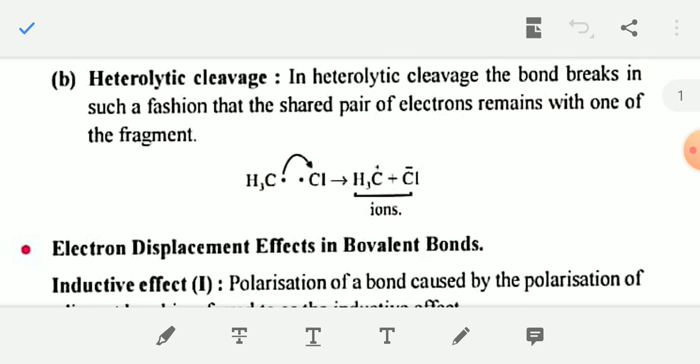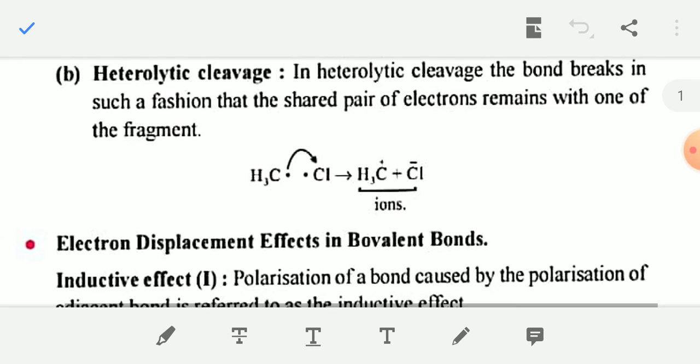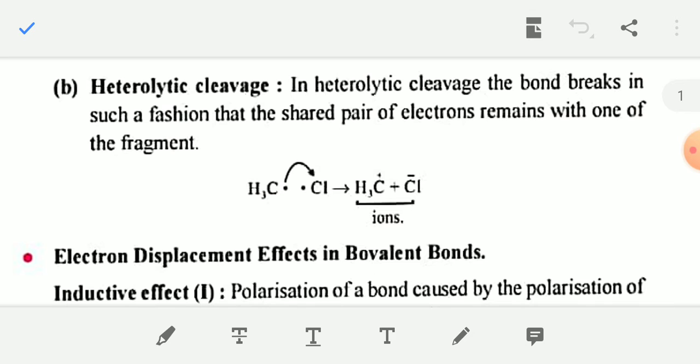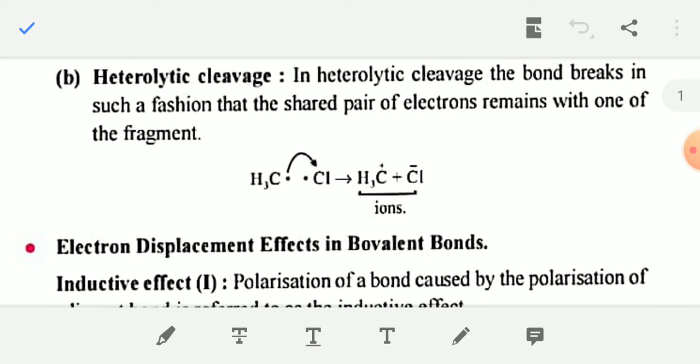Okay, and you know negatively charged ions are also called nucleophiles, having excess electrons, and electrophiles are positively charged, and sometimes an electrophile is also neutral, like BF3.